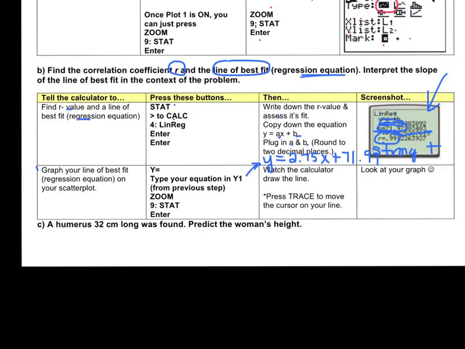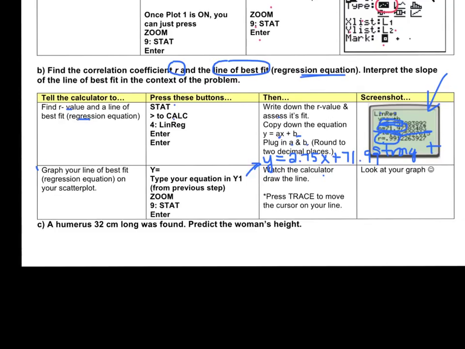And then press zoom and 9 and enter. And you'll just watch that calculator draw the line right through your scatter plot. If you'd like to trace some points, you can press the trace button and move the arrow left and right, and it will move along your graph. So just look at the screen on your calculator and it should work out.